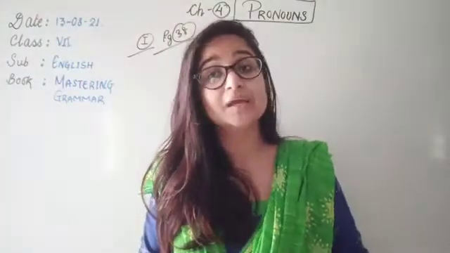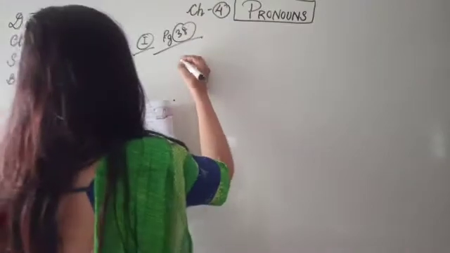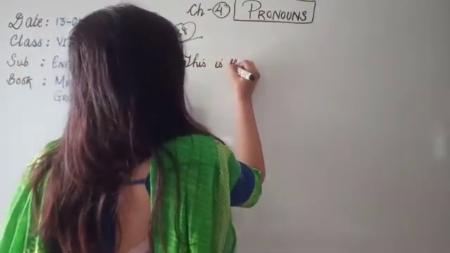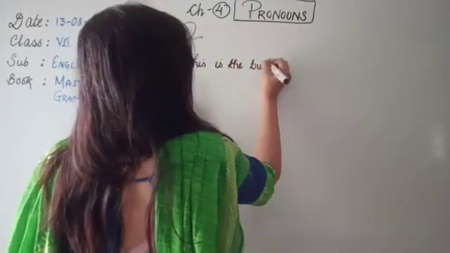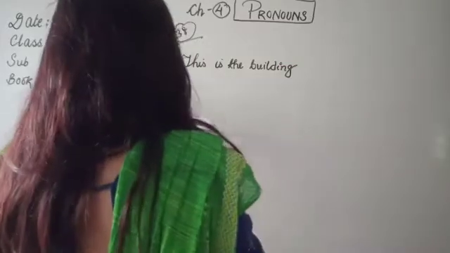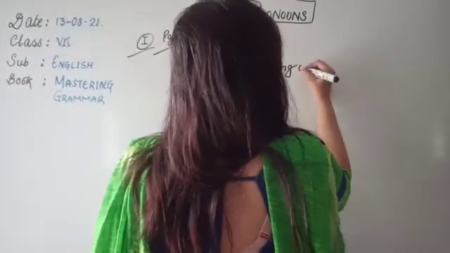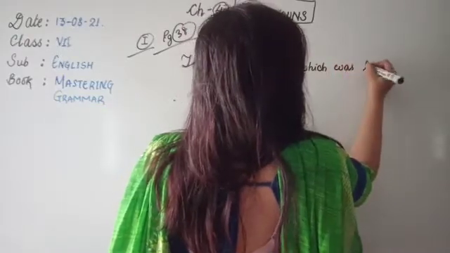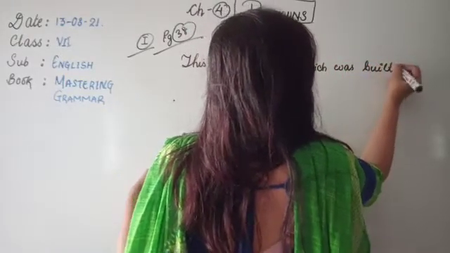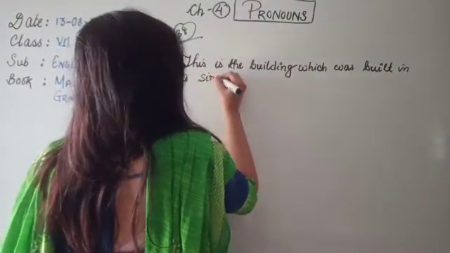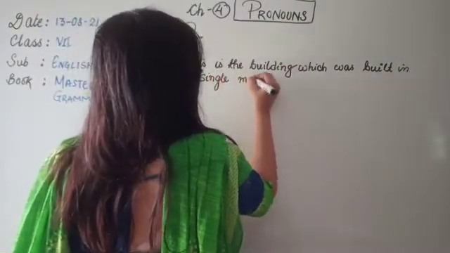This is the building which was built. Okay, we are going to skip the pronoun when we are joining here. So this is the building which was built in a single month.